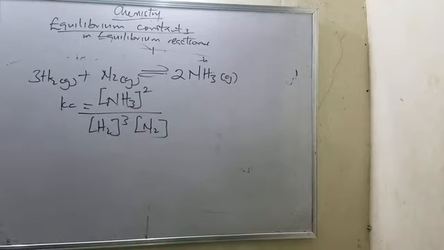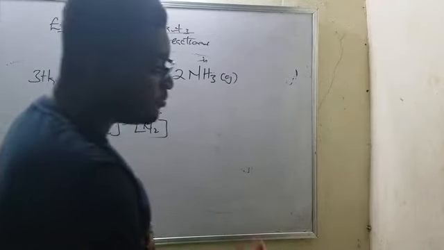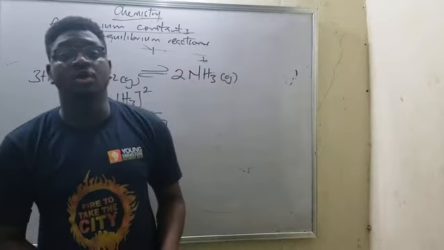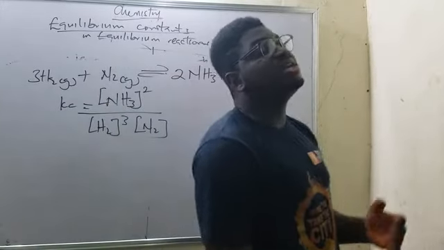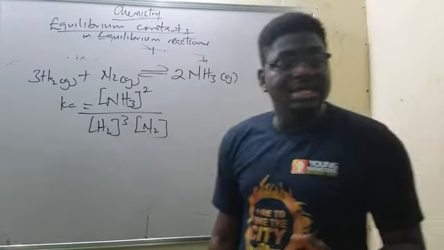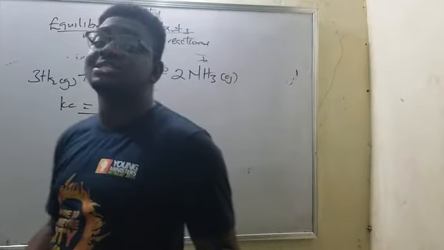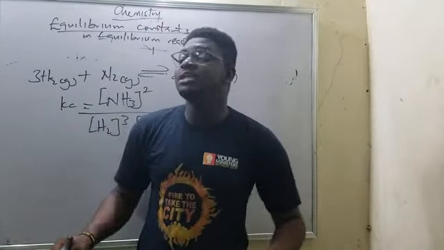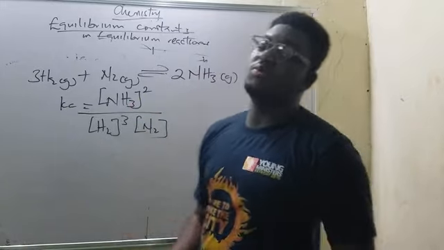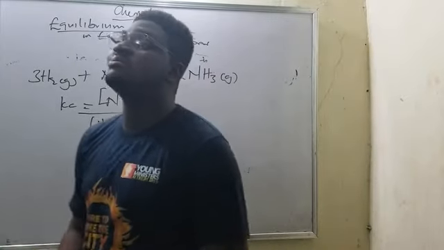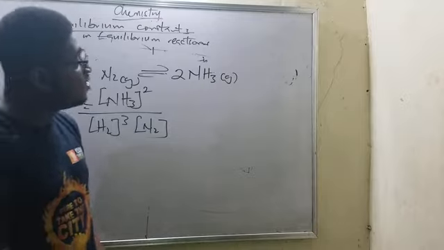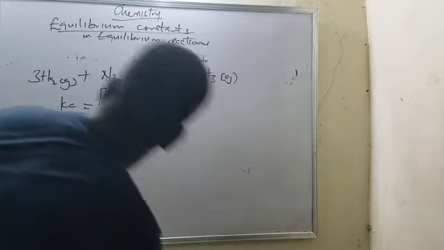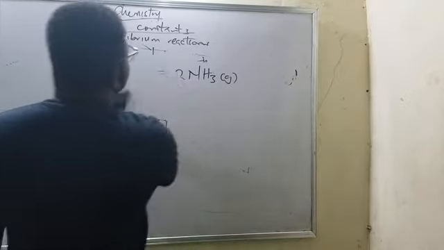So this is how to present our equilibrium constant. Please note that when you are presenting your equilibrium constant for your equations, when you have a solid or liquid, the concentrations are constant, so they don't show in the expression. We'll be dealing with this when we get to the concept of ionic equilibrium, but before we get there, let's just finish with this. So this is an example of an equation.